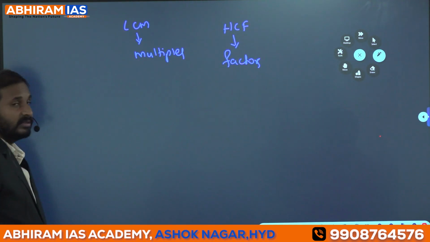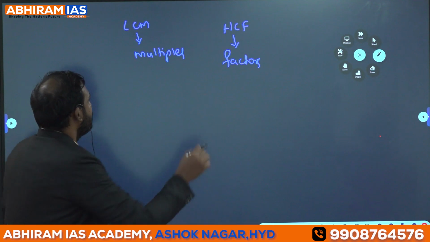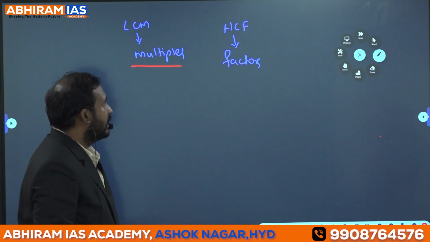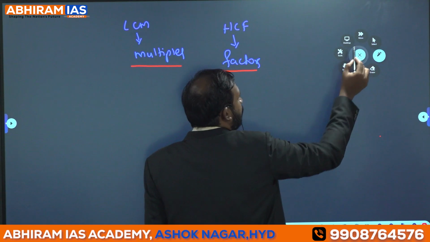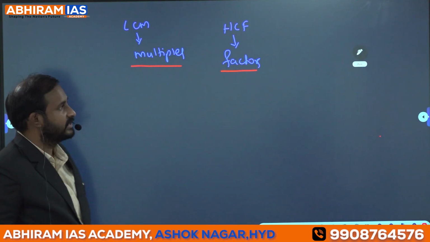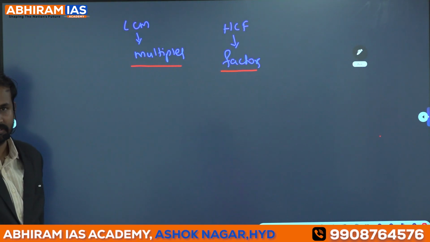Now, when it comes to the multiples, what will happen with these multiples and what will happen with the factors? Now see here students, we all know what multiples and factors are, which we have already discussed in our number system concept.